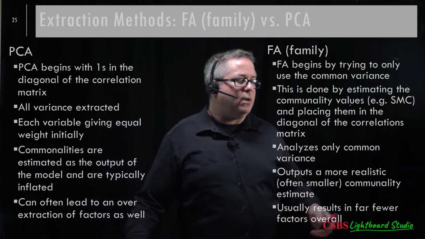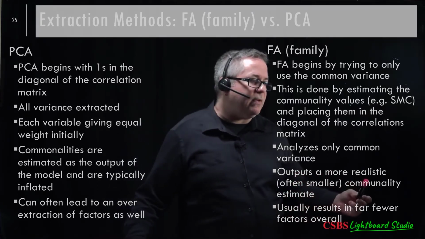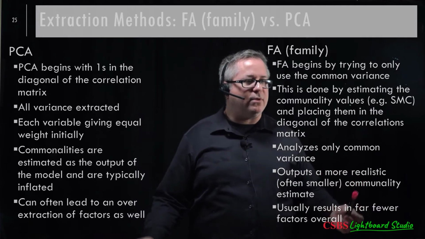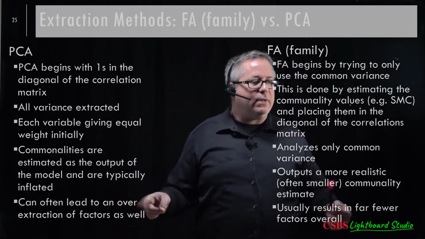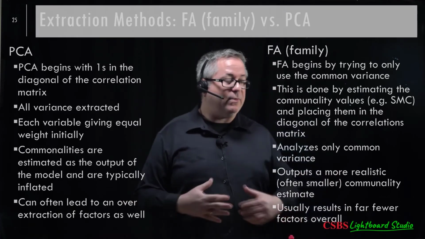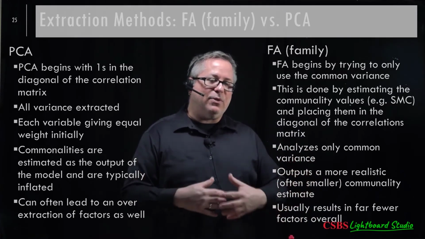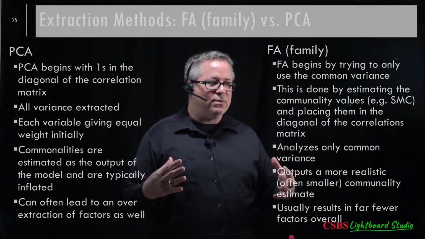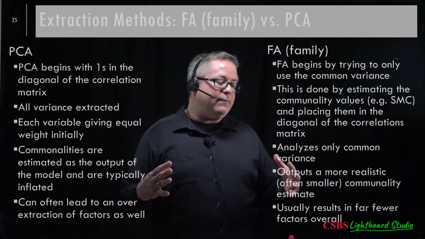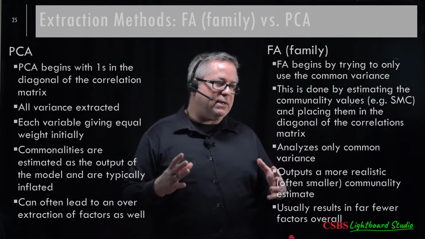And you're probably thinking, well, how can I make that claim? How can I say outputs are more realistic just because they're smaller than PCA? The only reason I can say some of this is that there have been simulation studies. They've simulated items or scales where there's a certain underlying structure, let's say it has 4 factors, and they generate the correlation matrix to reflect that.